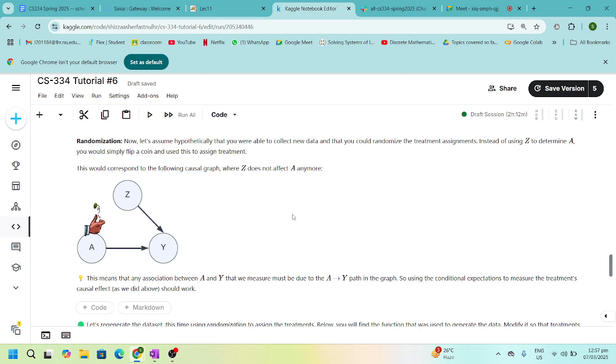Let me circle back to our previous example. If you're trying to determine the impact of smoking on the probability of a person developing lung cancer, right? ये हमारी एक previous example है. In this case, if you have two groups, the treatment group and the control group, treatment group में people are smoking, control group में people are not smoking.